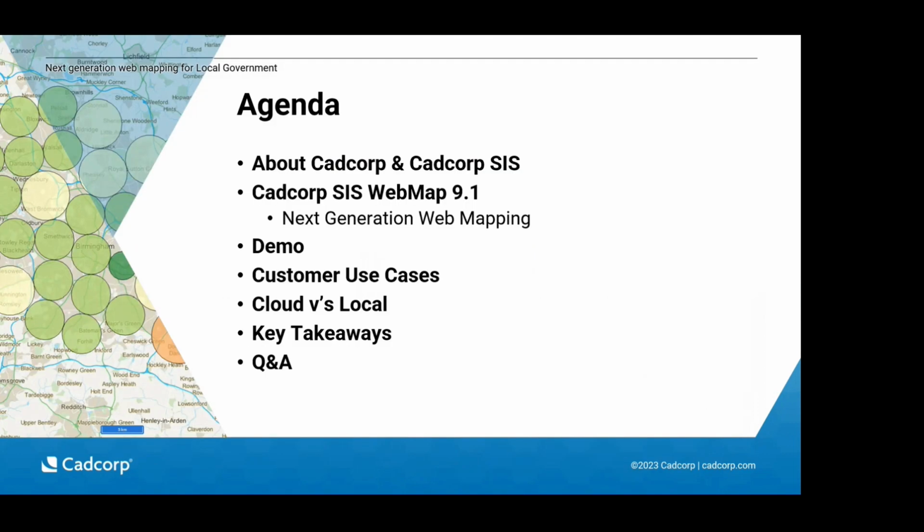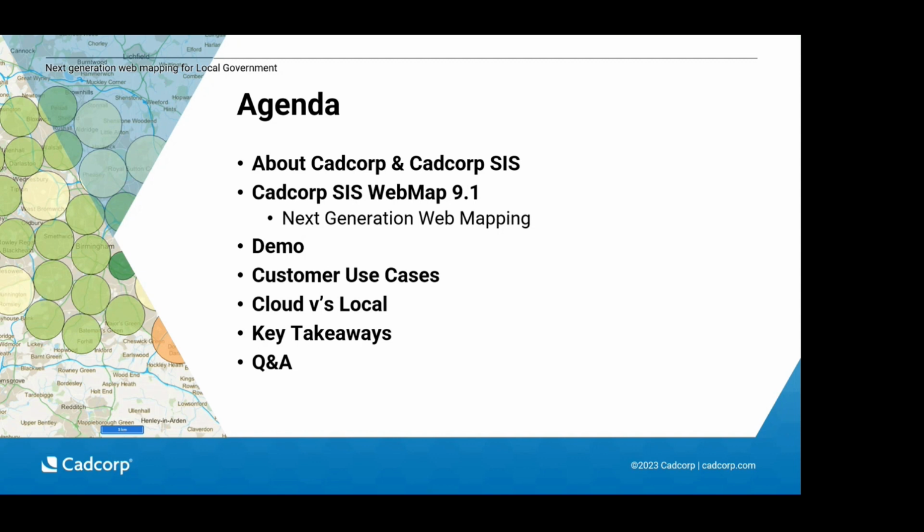Okay, let's get started on today's agenda. I can see from those of you who've joined us today, we've got a mix of existing Cadcorp customers and people new to Cadcorp on the line. So I'll start with a bit about Cadcorp and what we do, and then introduce WebMap 9 and talk about it being next generation web mapping.